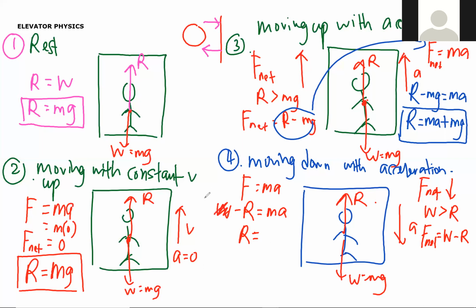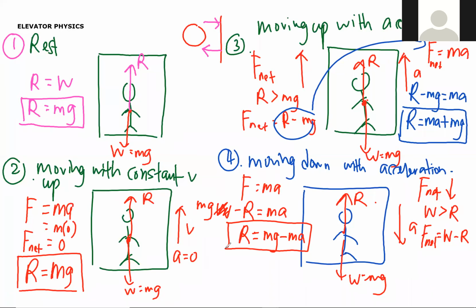So the reaction R equals mg minus ma. Now we have worked out the equations of motion for these four scenarios. Only focus on the boxed ones, R equals to how many.